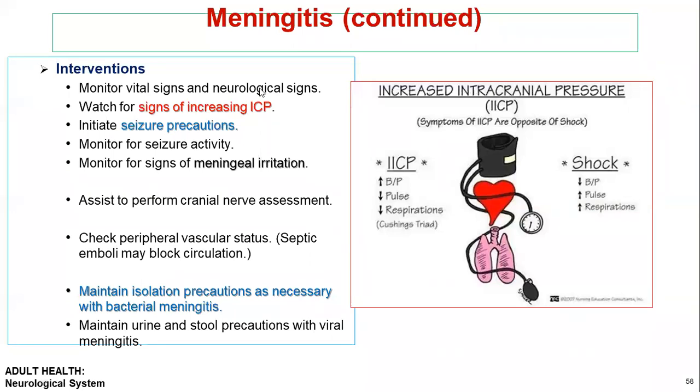What are the signs of increased intracranial pressure? This one, right? The vital signs: blood pressure, pulse rate, respiratory rate. We have to initiate seizure precautions because safety is the highest priority.